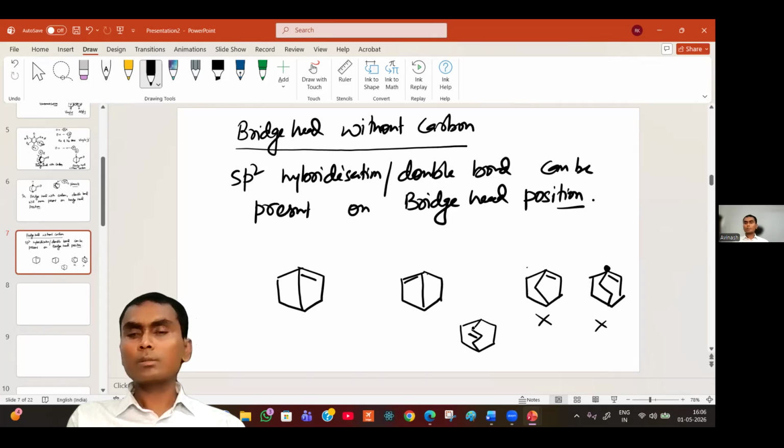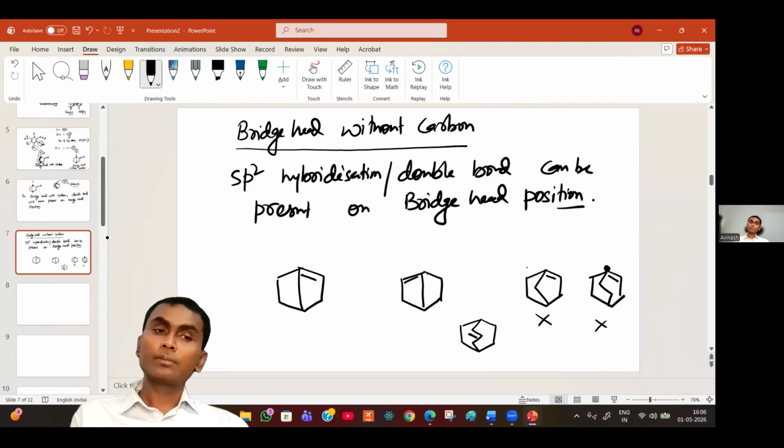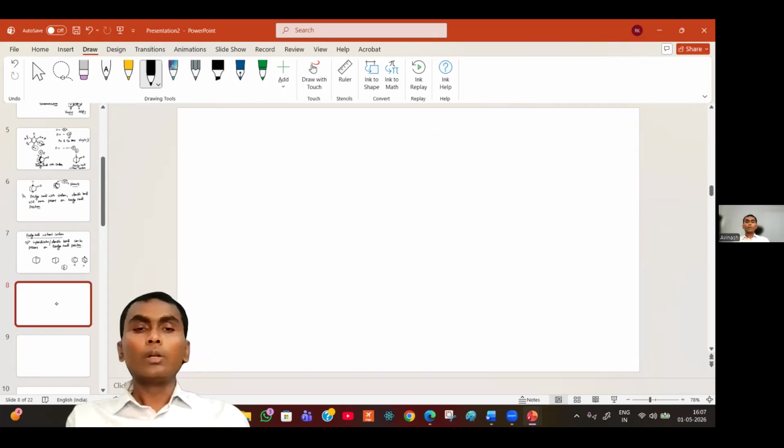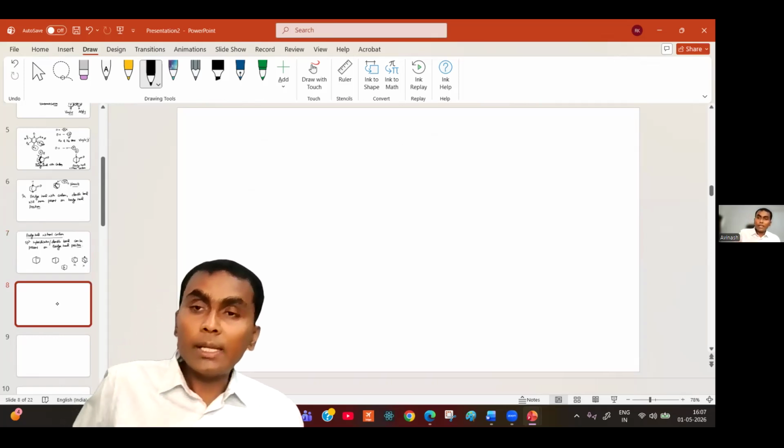This double bond is allowed because it is not present on the bridgehead position, right? So we will consider here.